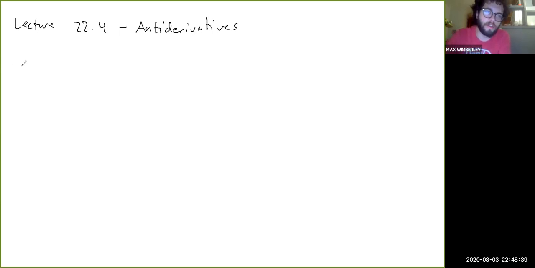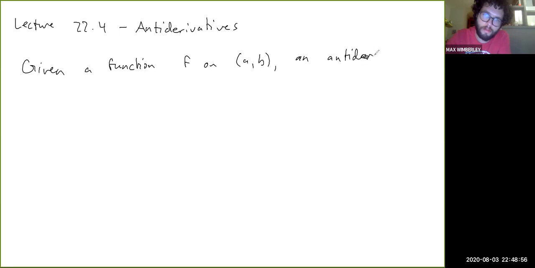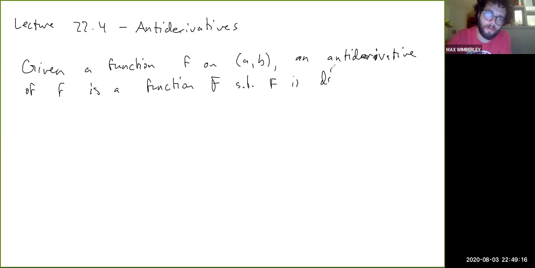But an antiderivative, right? So given a function f on (a, b), an antiderivative of f is a function F such that F is differentiable on (a, b) and F prime equals f on (a, b).